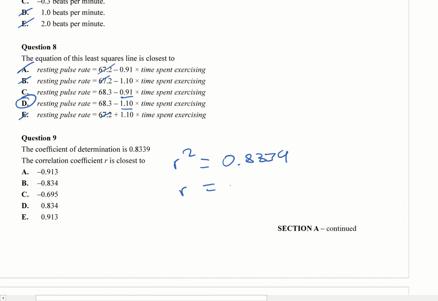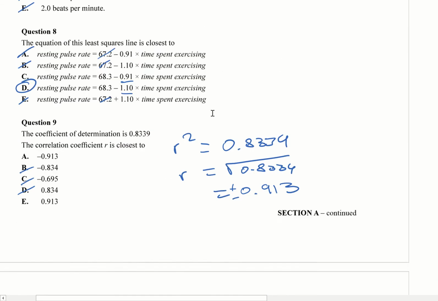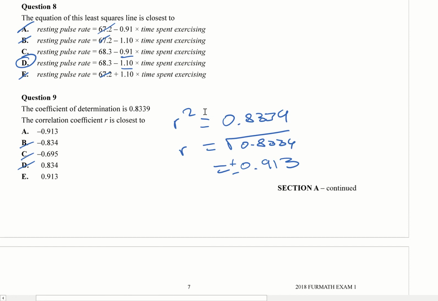So r is equal to the square root of that number, and that will give you 0.913. Now that's actually going to be a plus or a minus, and as you can see that rules out those three, so it could be A or E. Now what you need to remember though is, what gradient do we have here? We have a negative gradient. That means our correlation coefficient is also going to be negative. So that means my answer is A.